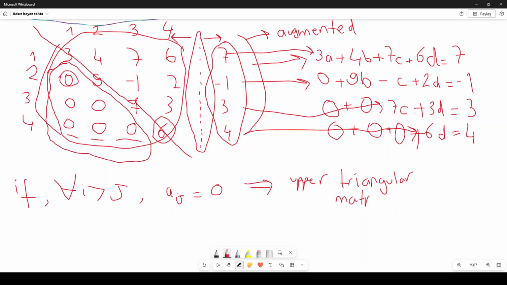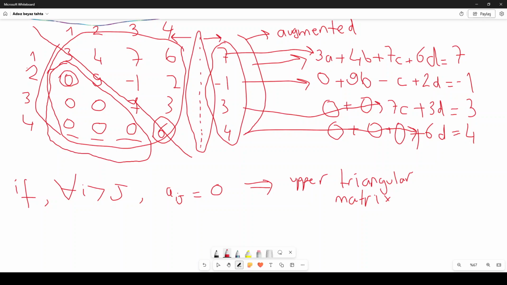It is very important for us to know, because if we are somehow able to convert our system of linear equations into an upper triangular system, then we can simply solve our system. This is the strategy that we will stick with while trying to solve our system using Gaussian elimination or Gauss-Jordan methods, which are of course much more technical methods.